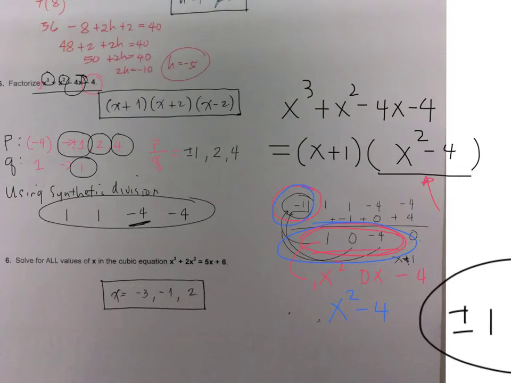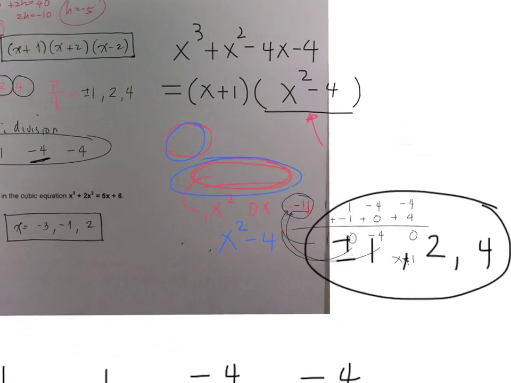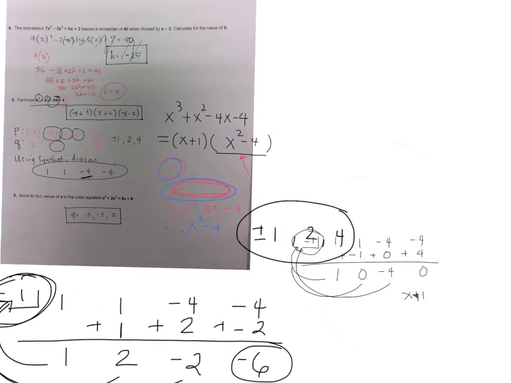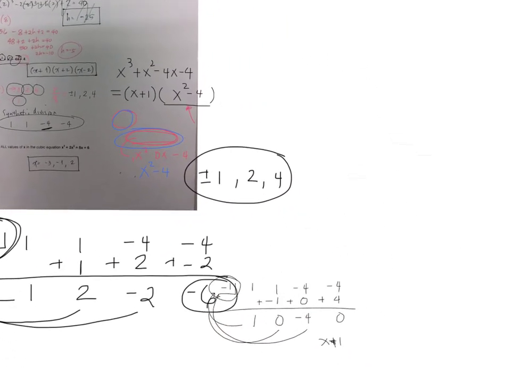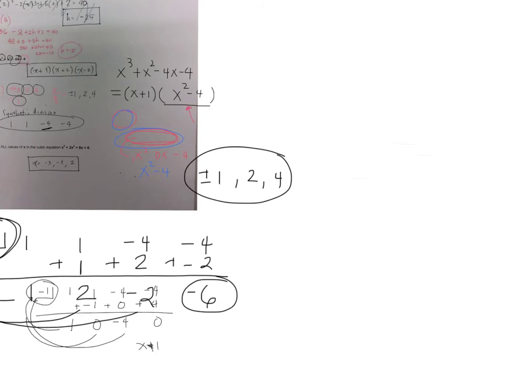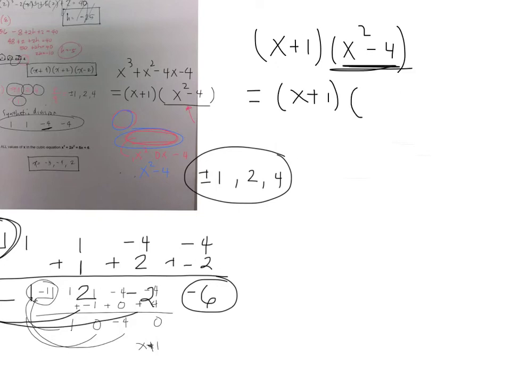Now, third step, so when you look at what we have right now, we have x plus 1 times x squared minus 4. Remember, the goal is just to factor. We're not solving anything. So to factor this, x plus 1 will remain x plus 1, but we can factor x squared minus 4.